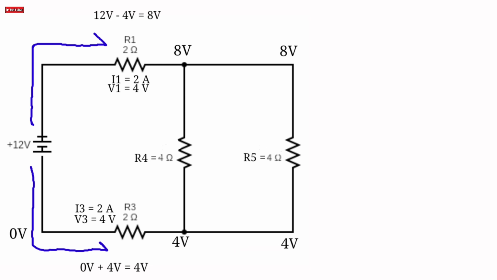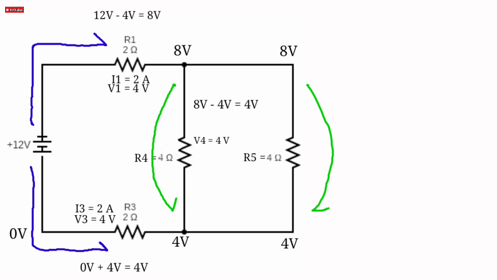We know that before we cross R4, we have a voltage of 8 volts, and once we cross that resistor, it goes from 8 to 4 volts. So 8 minus 4 is equivalent to 4 volts. So the voltage across R4 is 4 volts. The same thing happens with this resistor. We know that in parallel, the voltage across each component is the same. So 8 volts minus 4 volts is equal to 4 volts.